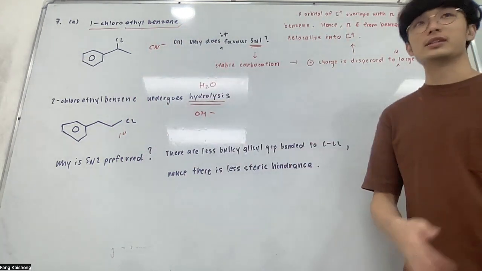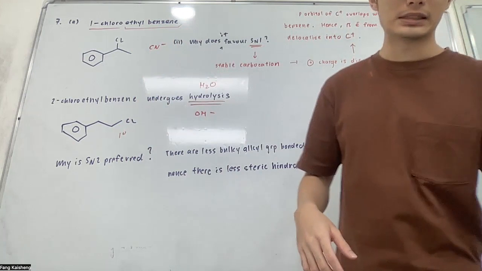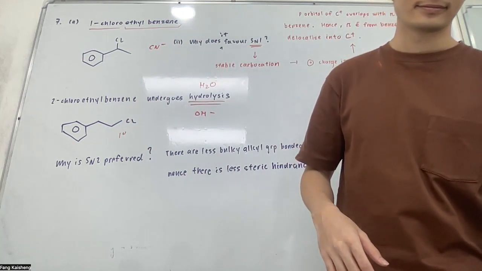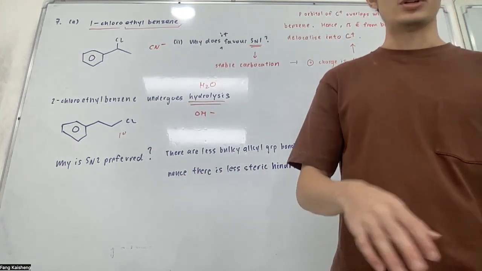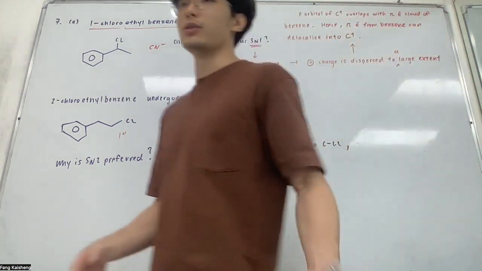Now they ask us for the products. Let's just very quickly draw the product. Or it should be just product, not products. There's only one product over here.